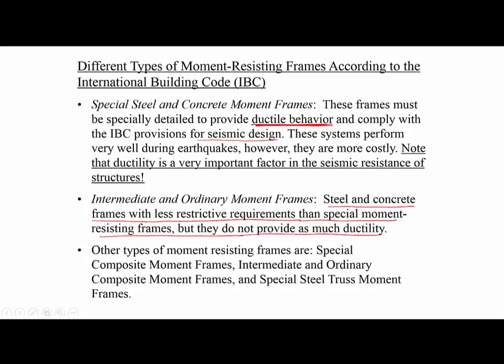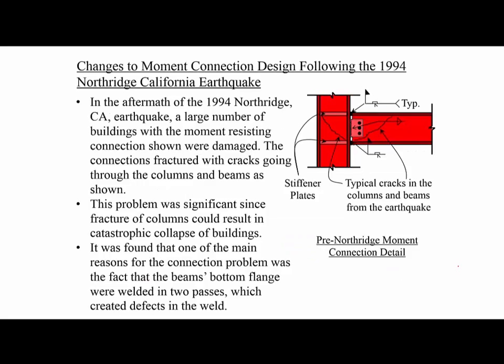There are other types of moment resisting frames, such as the special composite moment frame, intermediate and ordinary composite moment frames, and the special steel truss moment frame. We'll talk about more types of these framing systems later in terms of seismic requirements.